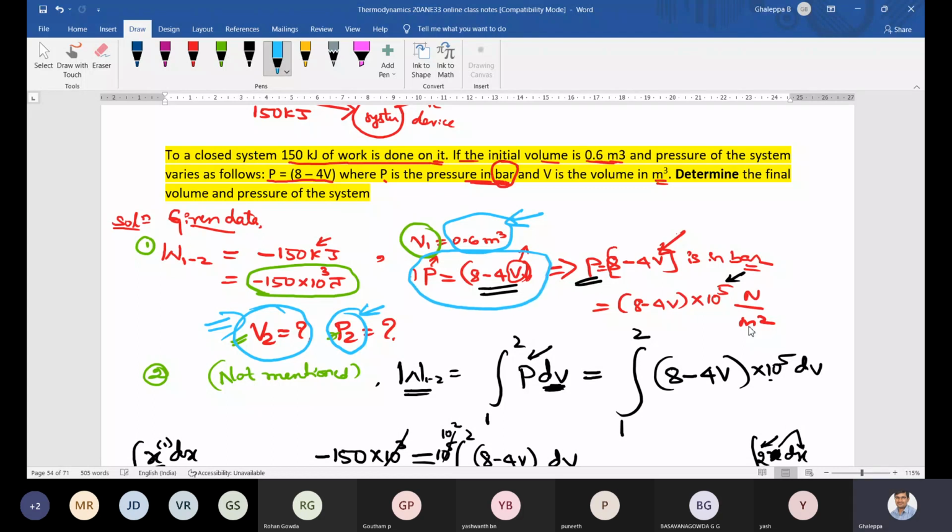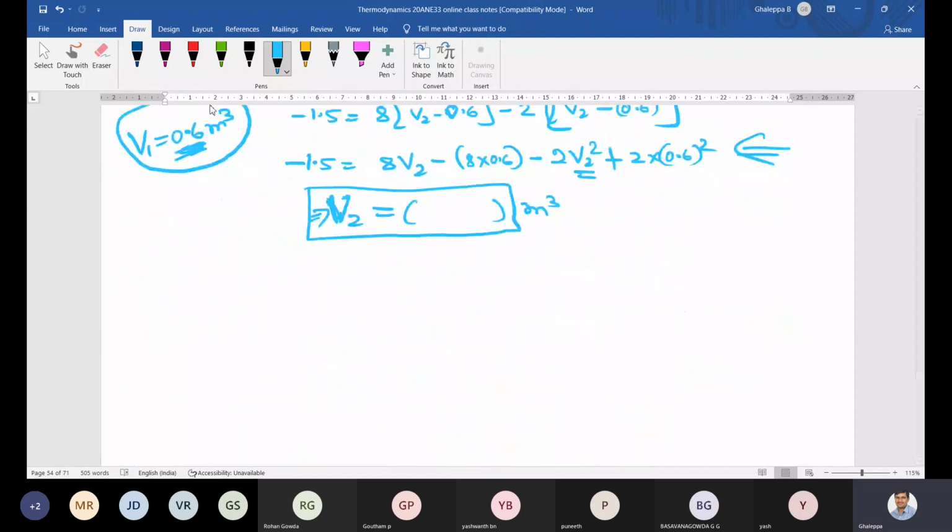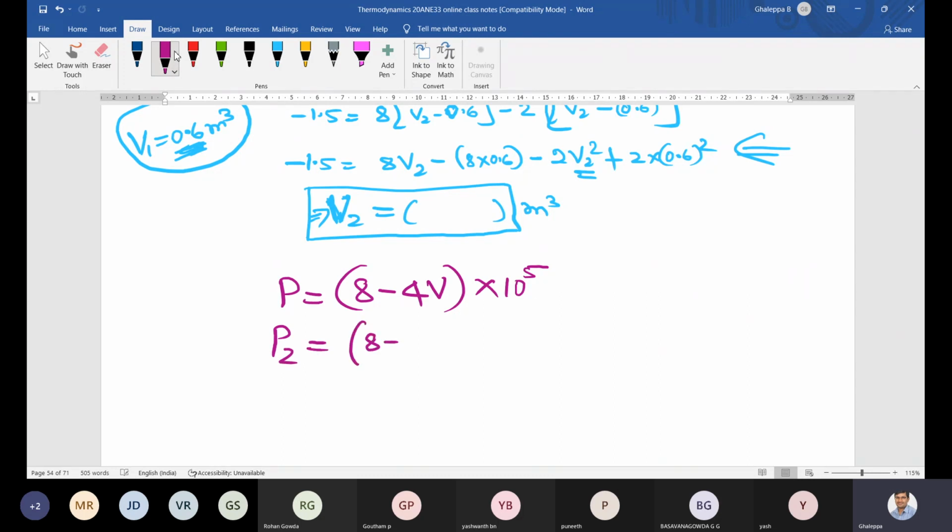Let me write. P is equal to 8 minus 4V into 10 to the power of 5. And I need P2. P2 is equal to 8 minus 4 V2, we have to substitute here, into 10 to the power of 5. Once you substitute the value, P2 will get some value.